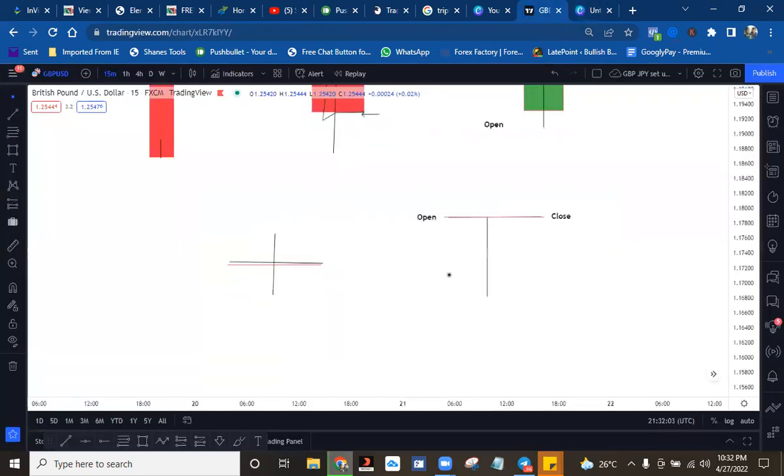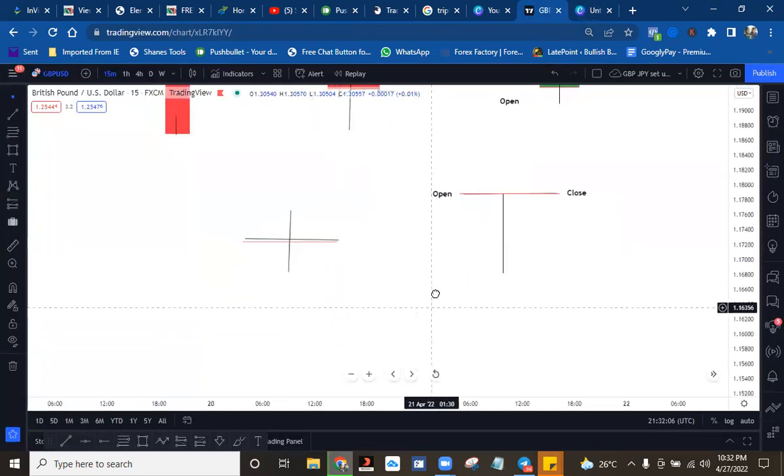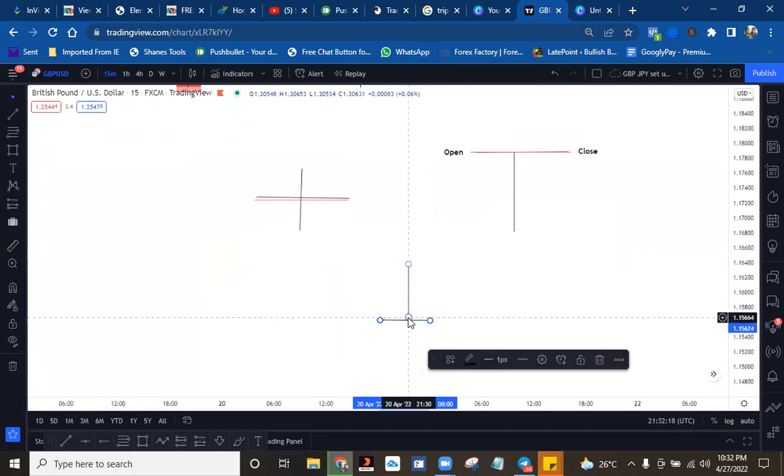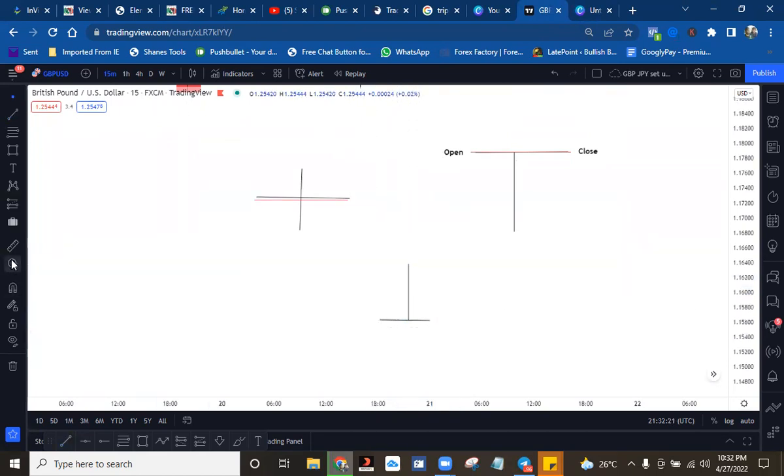Now the next candlestick we have is the gravestone doji. How is that formed? Right now it's going to be much easier for you guys because you already have an idea of how these things form. All right, this is how it looks, and it has a very tiny or no body. And how is it formed?